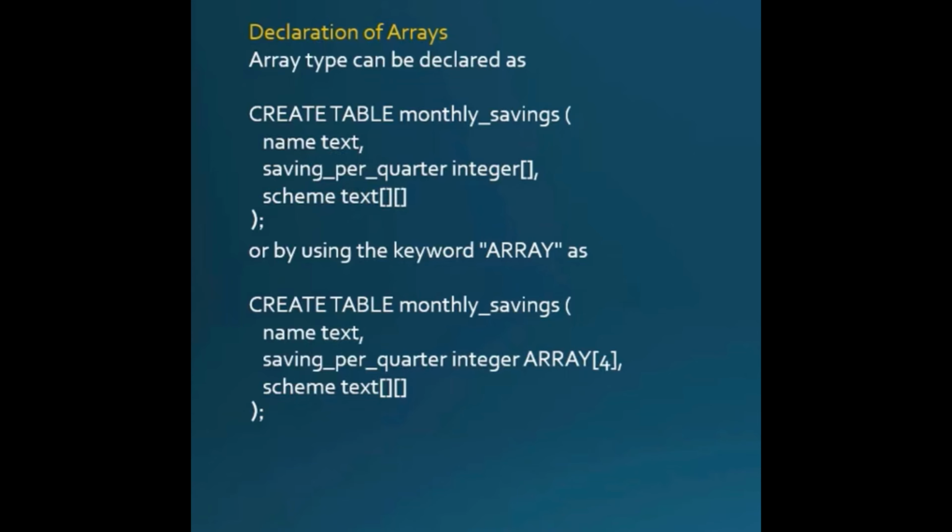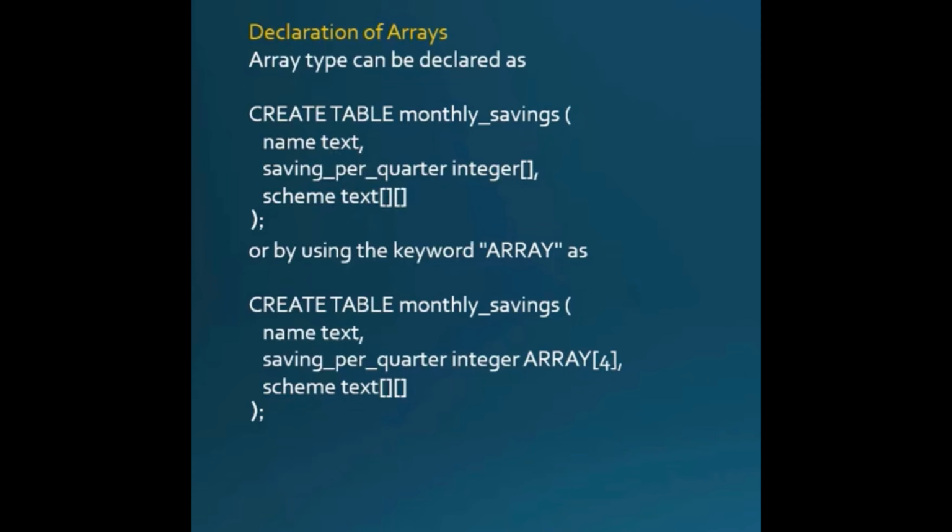It means it stores the name as text. And we have savings per quarter integer array. It means it stores multiple integer values in one column. And next we have schedule text array. So it represents a two-dimensional array of text values. It is used when data has rows and columns. So this method is flexible because the array size can be changed.